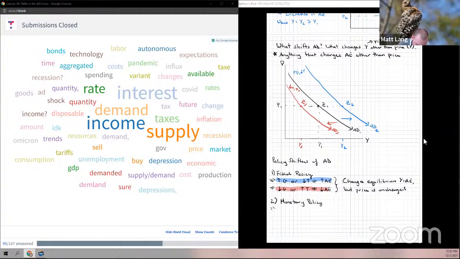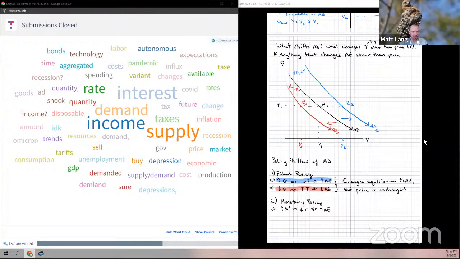And so we've got two things that we can do with monetary policy. The Fed can go out and buy bonds. They can increase the money supply, decrease the interest rate, increase AE, and then have that shift in the AD curve to the right. Because them buying bonds is not changing the price level today.